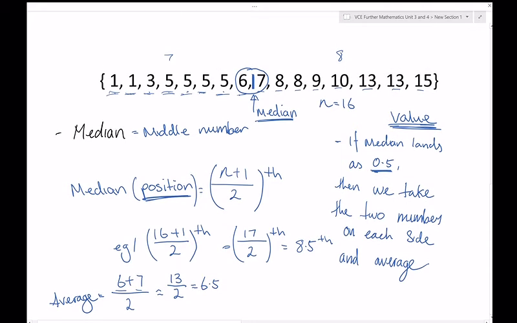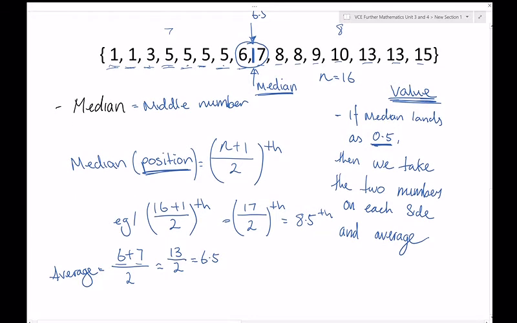And if we look at the data up here, it makes sense. 6.5 is halfway between 6 and 7. Now, this is just a very simple example. Normally, when you get questions, it's not going to be that easy, but the general rule still applies. So that's if the median lands on a 0.5, so halfway between two numbers.